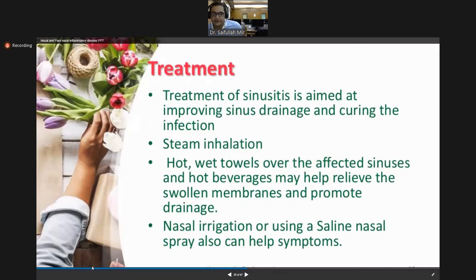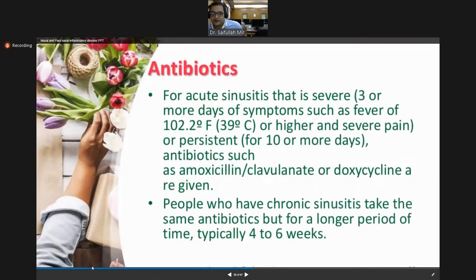So treatment of sinusitis is improving the drainage of the sinus during the infection. Steam inhalation helps. Hot, wet towels over the affected sinuses, hot beverages like chicken soup are quite good. Nasal irrigation via saline nasal spray is also helpful. For acute sinusitis, you need antibiotics such as amoxicillin or doxycycline.